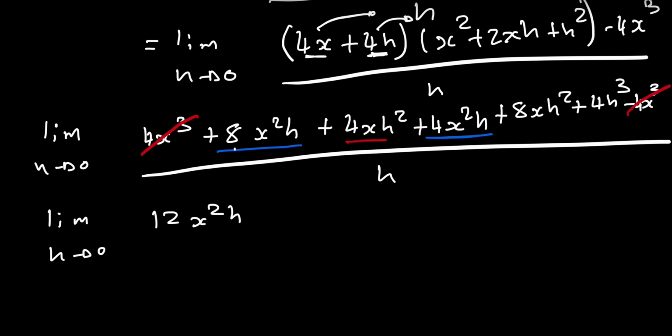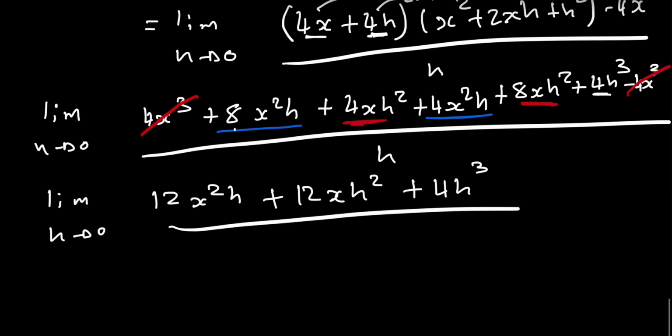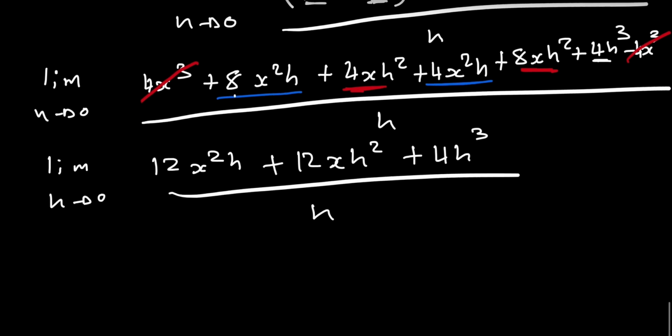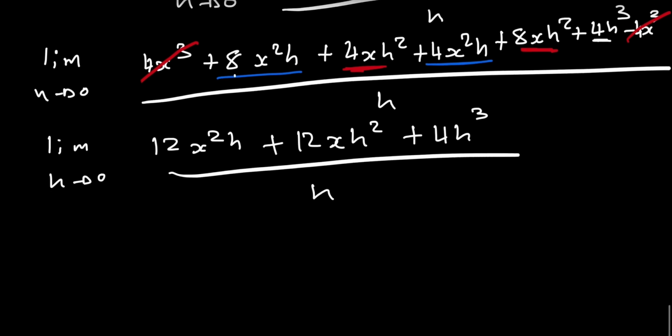Then we have xh squared as a like term as well, so 4 plus 8 is still 12xh squared. And we are left with plus 4h cubed. When the expression is reduced, we can easily take out the common factor without confusing ourselves.